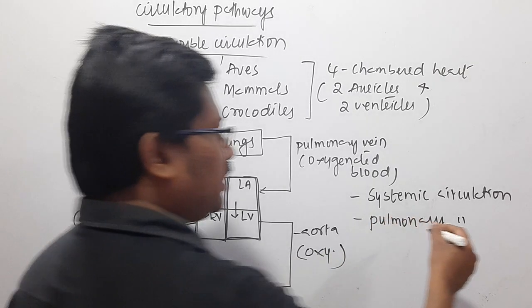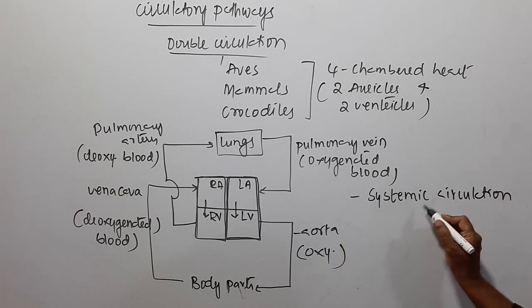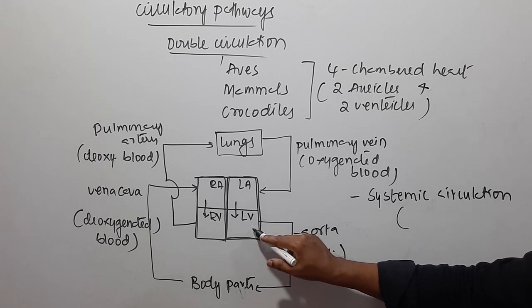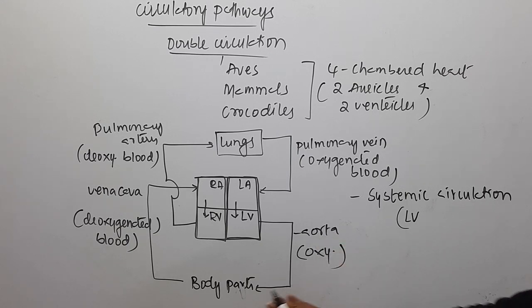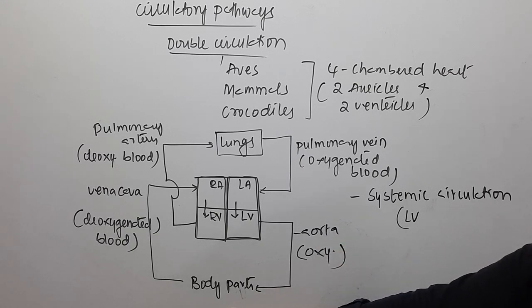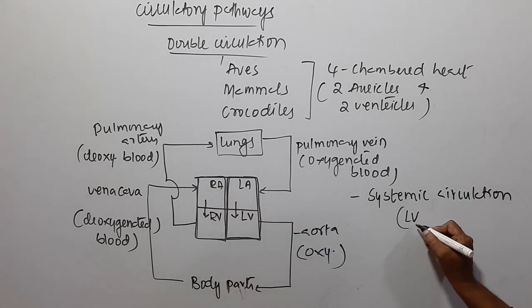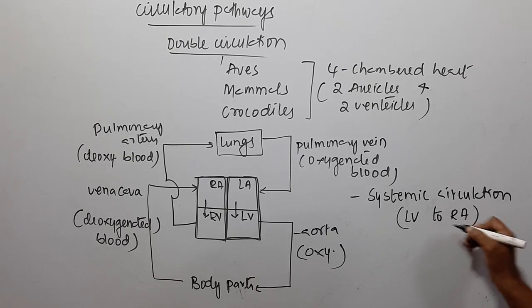First I'll mention systemic circulation. It begins with the left ventricle: left ventricle, aorta, the tissues, and then vena cava to the right atrium. So it goes from the left ventricle to the right atrium. This all comes under systemic circulation.